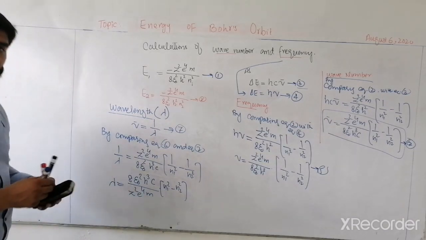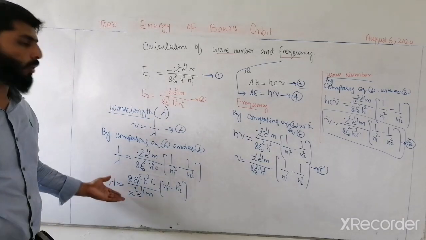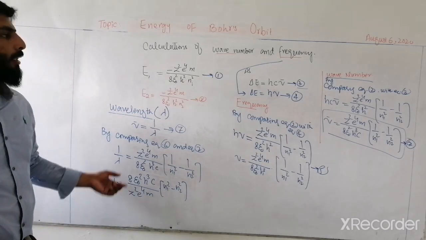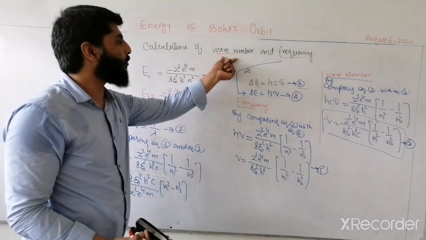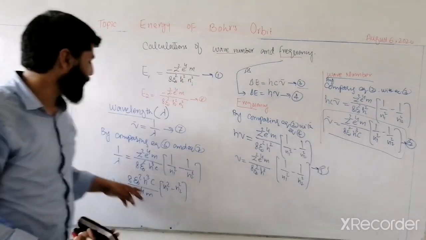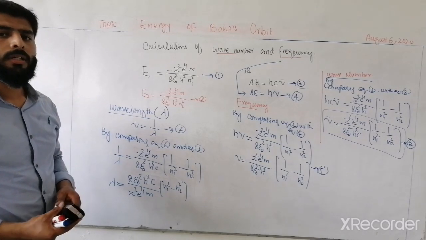So you can also find the wavelength of the revolving electron. This is the calculation of wave number, frequency and wavelength.